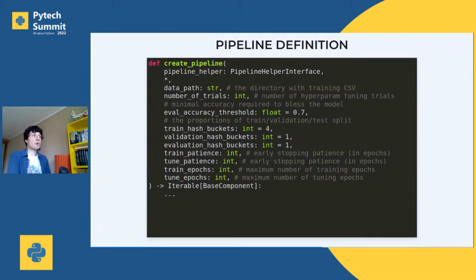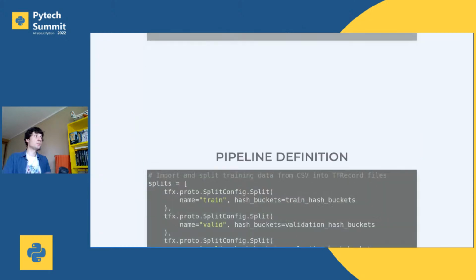If you are using our helper library, you probably want to give the pipeline helper as the first argument. All the arguments are actually free for you to choose. You can implement whatever you want. Usually you would find there a path to the input data, maybe the required accuracy threshold, maybe the proportions of training, validation, and evaluation sets, and so on.